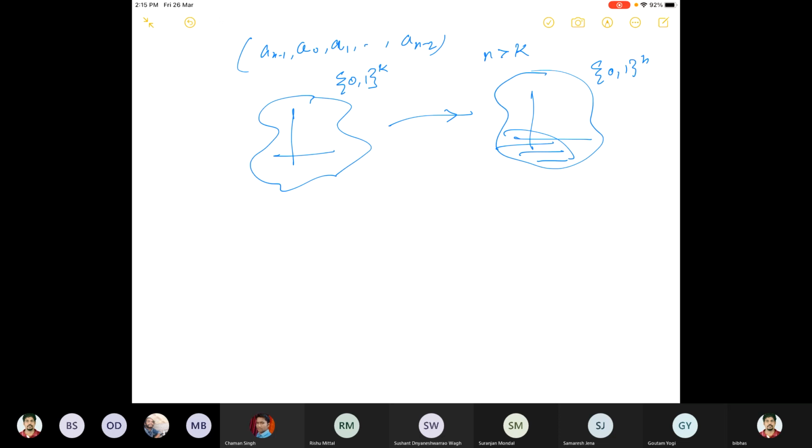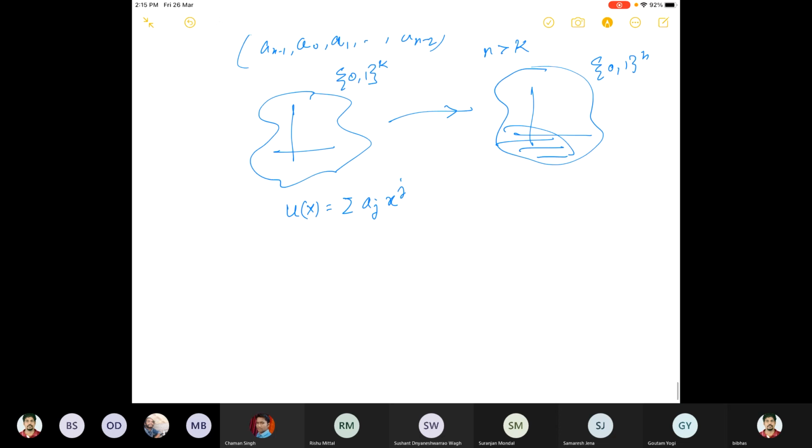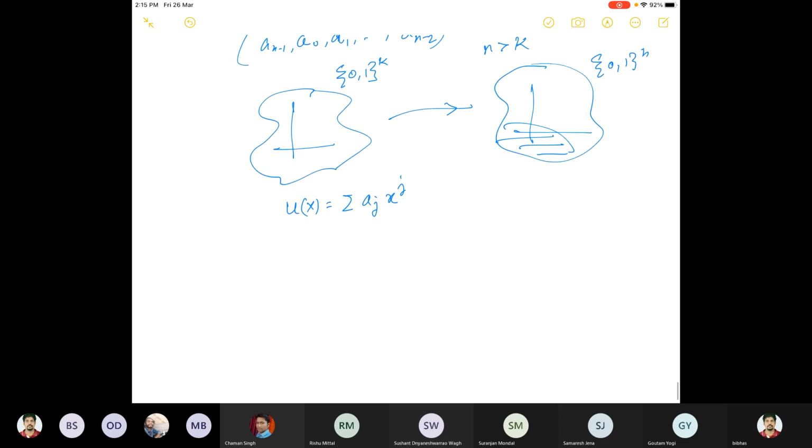Now the question is, if we associate a polynomial with the string of 0, 1s, then given any polynomial from here, let's say some u(x), it will be a polynomial of at most degree k minus 1, the sum of aj x to the power j, j equal to 0 to k minus 1.